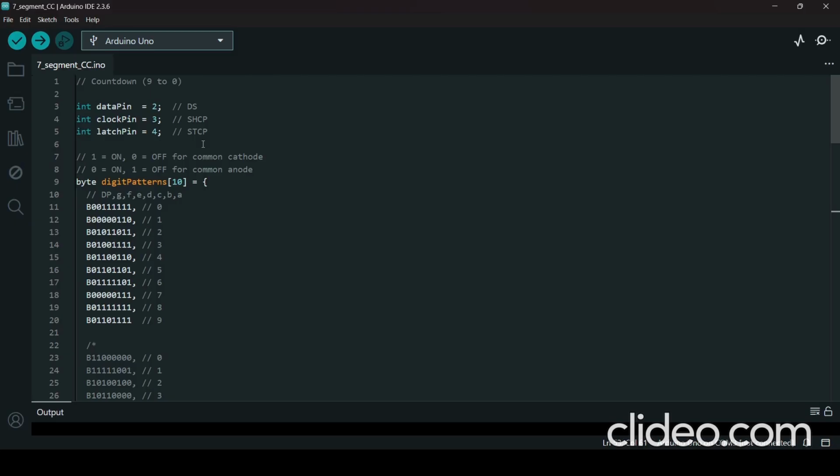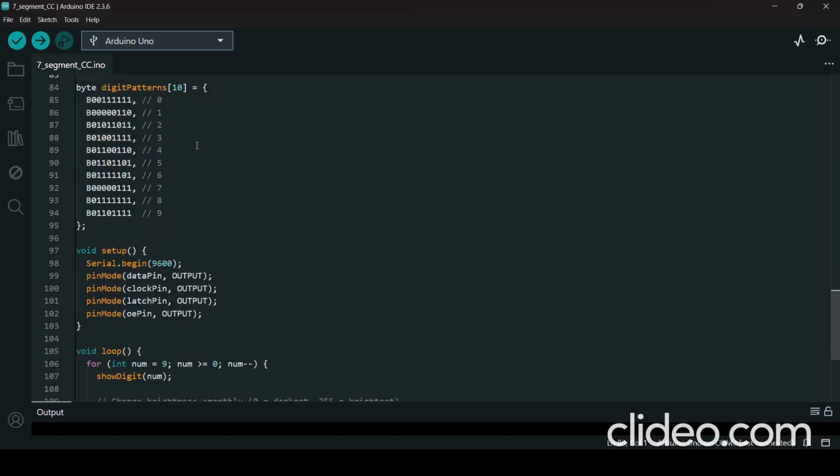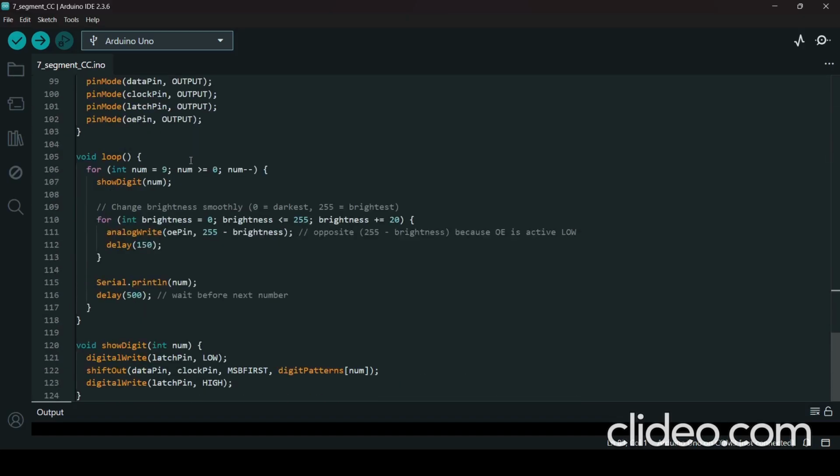Now let us move on to the code in which I will use the OE pin for the brightness control. So this is the code for the brightness control of the LEDs. You can see the OE pin is defined on the digital pins of the Arduino Uno, and it must be PWM supported. Otherwise it won't work. So everything is the same as before. The only change is done in the void loop function. This extra for loop is there for the brightness control.